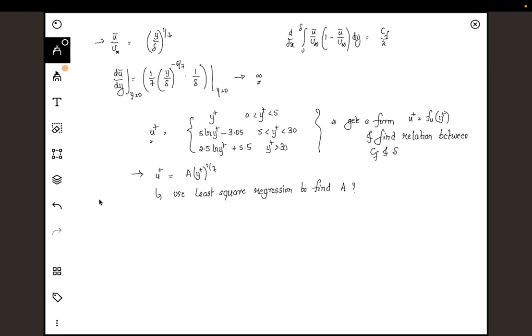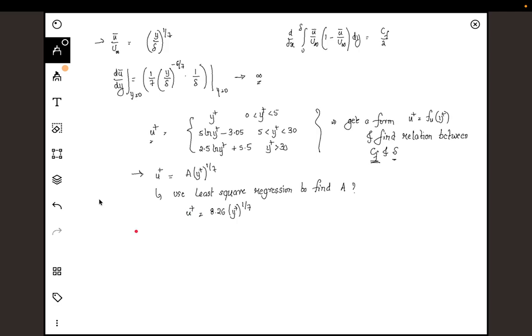So after doing the fit, I got u plus as 8.26 times y plus to the power 1 by 7. But what I'm interested in is I should be able to integrate it into my momentum integral equation. So I have to convert this into a form where I can get a relation between CF and delta. For that, we will use the definition of u plus and y plus.